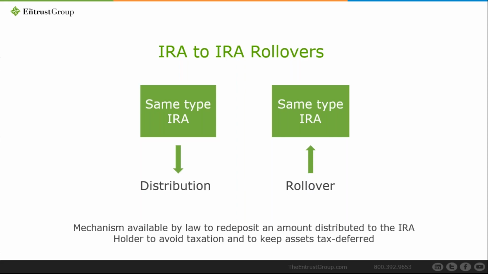However, the rollover will in turn offset the amount that has been distributed and put back in. However, if the amount that was distributed is more than the amount that was put back in, any amounts that never were rolled back in will in turn be taxable and in some cases be subject to a penalty if the individual is under the age of 59 and a half.